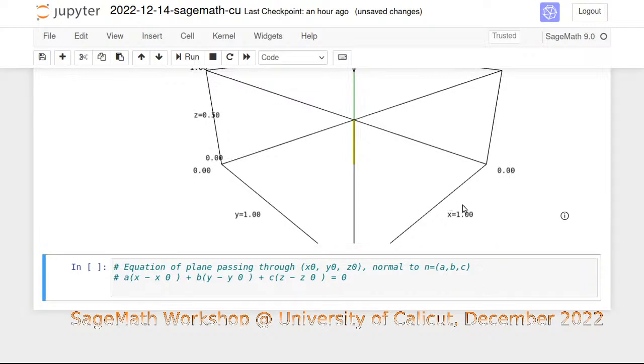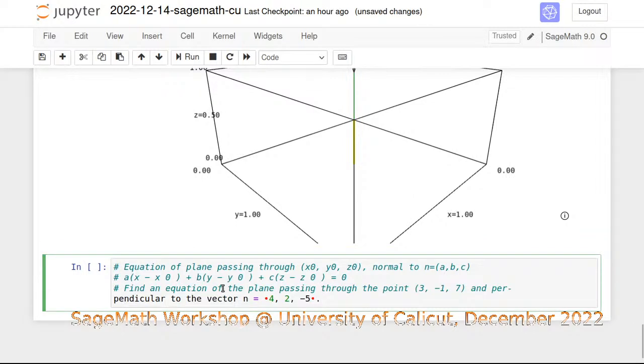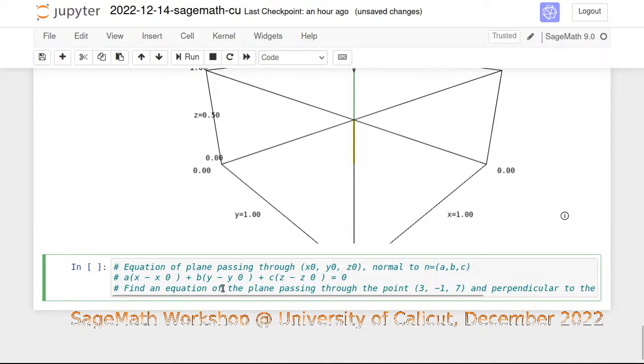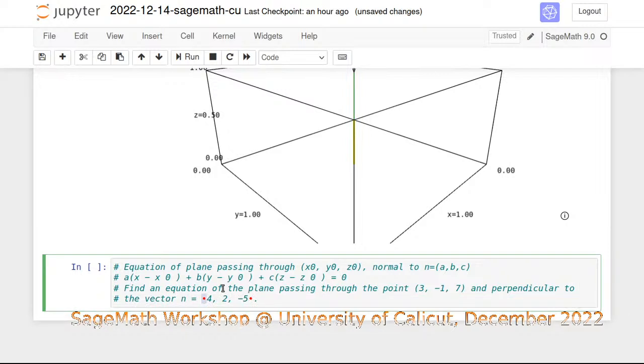So suppose that we are trying to find such a plane, passing through the point 3, minus 1, 7 and perpendicular to the vector n equal to this vector. Okay, so the equation is quite clear to us.